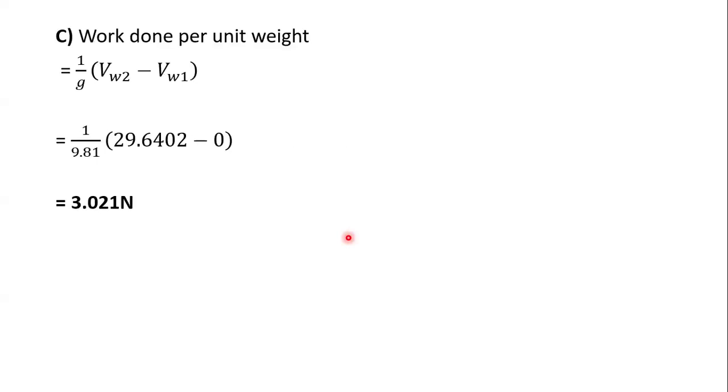The last one was asking for the work done per unit weight. The formula is simply 1 over g times VW2 minus VW1, because this is per 1 Newton. So you go back, you notice that VW1 was 0, whereas VW2, we just found to be 29.6402, then 1 over 9.81.